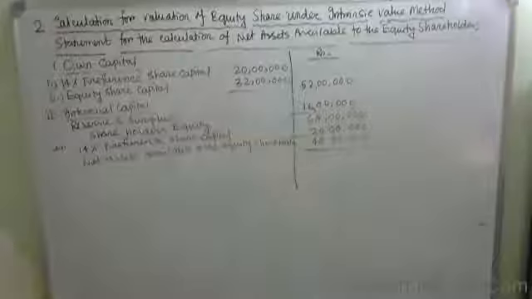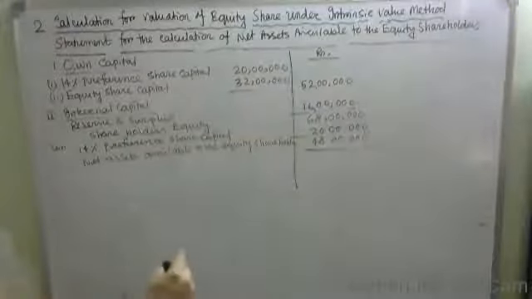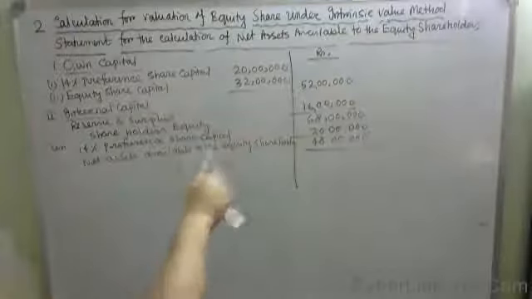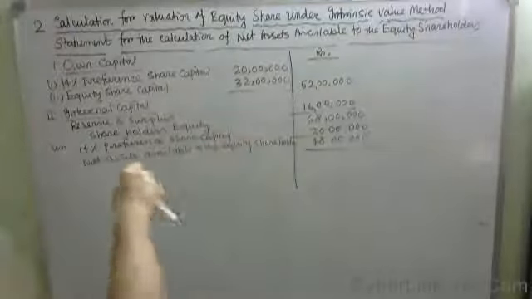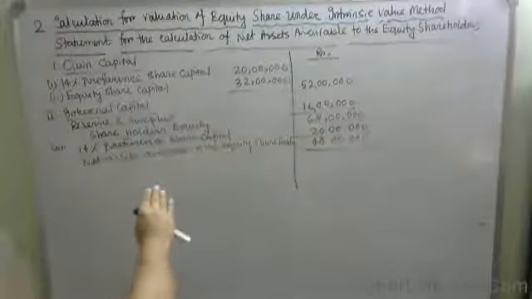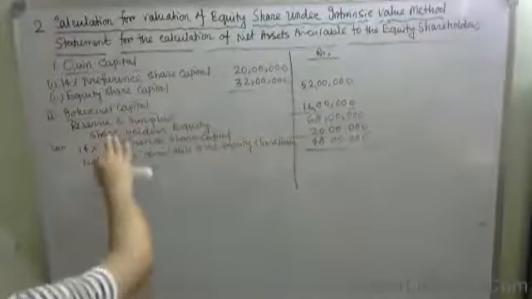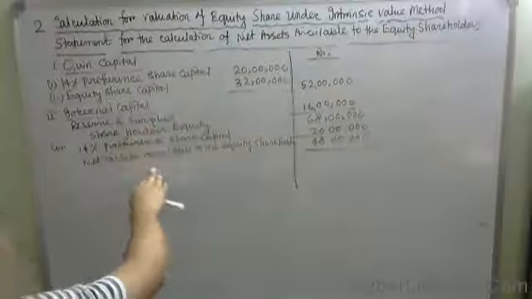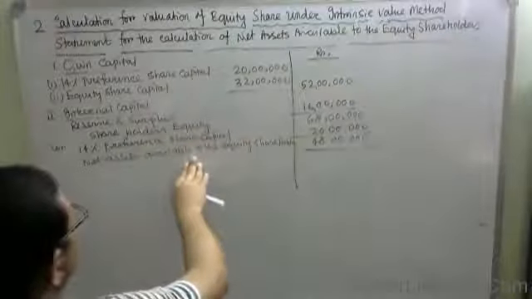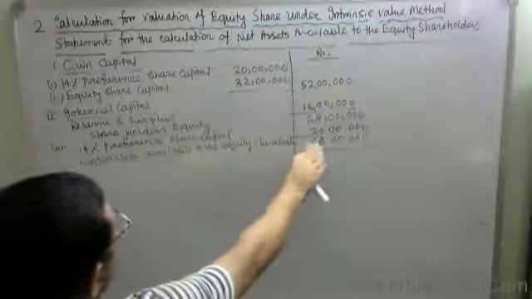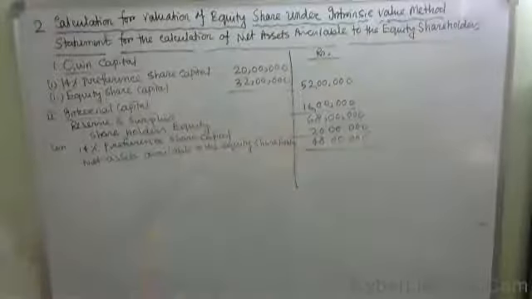That means the internal liability and the external liability, the summation should equal the asset. So for calculation of the asset available to equity shareholders, we consider the information related with the liability side, the own capital and the internal capital, and from this calculation we have deducted the portion of preference shareholders, which is 20 lakh. So this is our total volume of the assets available to the equity shareholders.